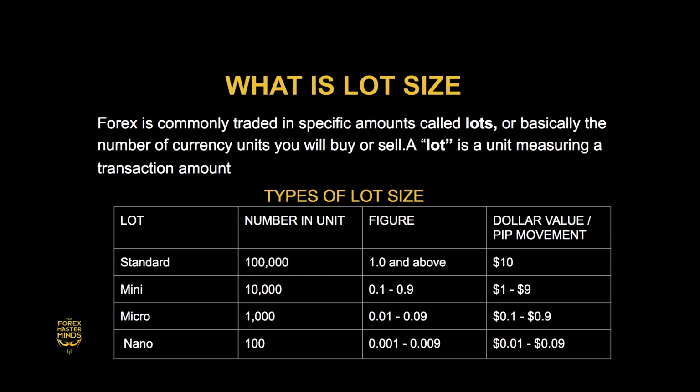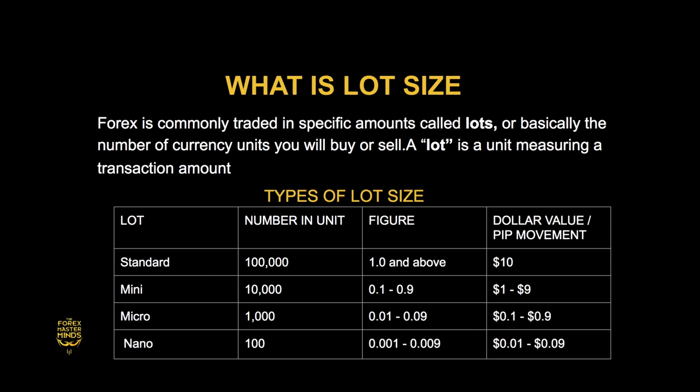Now, the mini lot size is 10,000 units, which is 0.1 to 0.9. So if someone tells you, I bought EURUSD with a mini lot size of 0.1, the person is simply saying that I bought 10,000 units of that currency, okay? Now, the equivalent dollar value per pip movement.